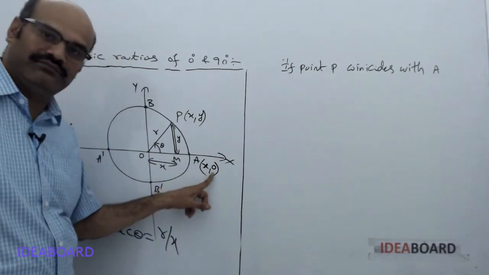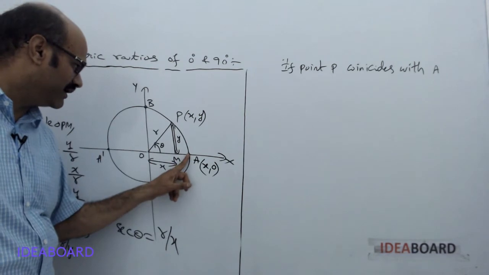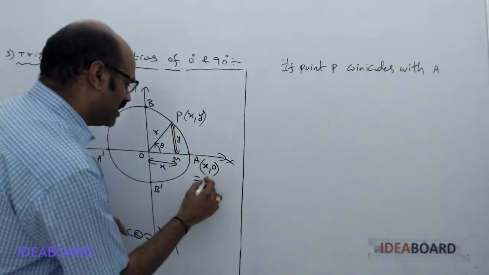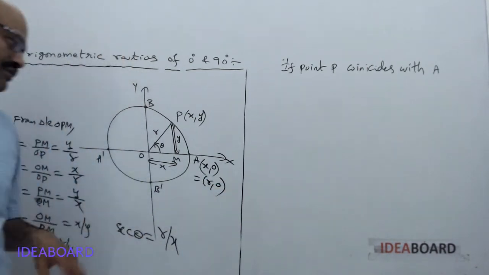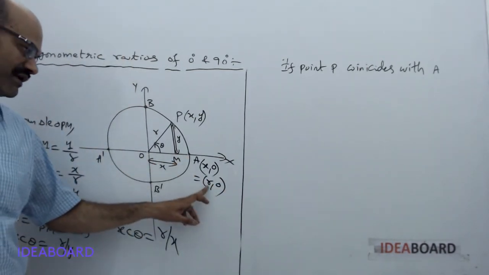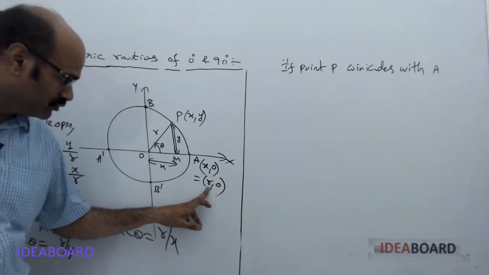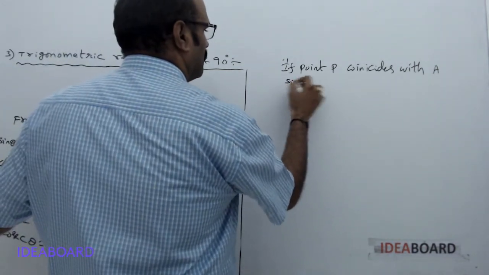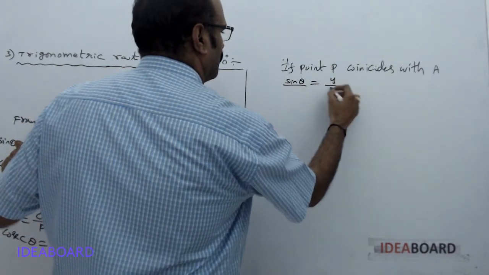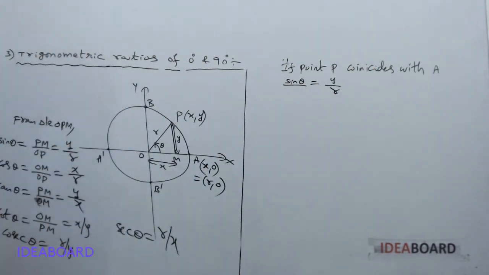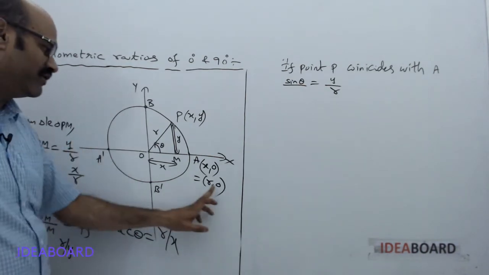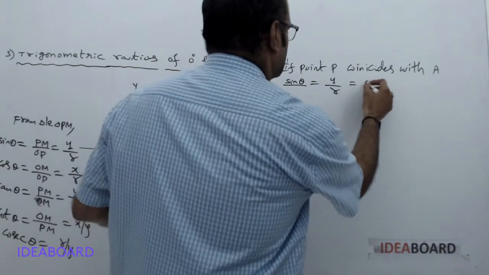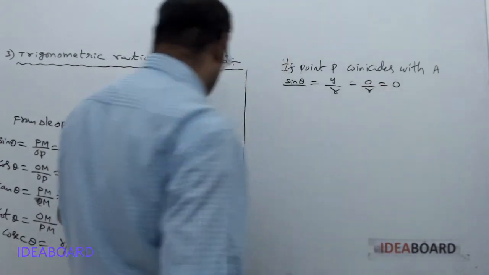But x is nothing but the radius, OA is the radius, so the point is r comma 0, and the OA length is r here. So sin theta equals y by r. The y coordinate is 0 here, so 0 by r equals 0.